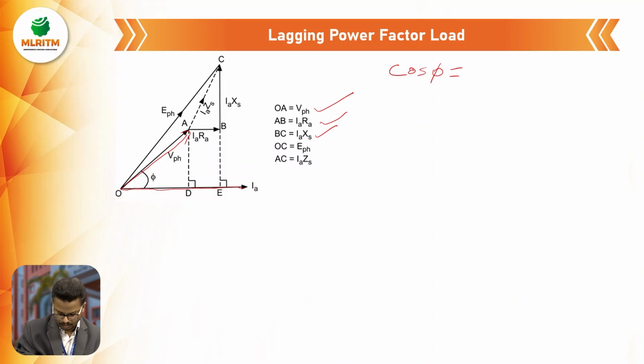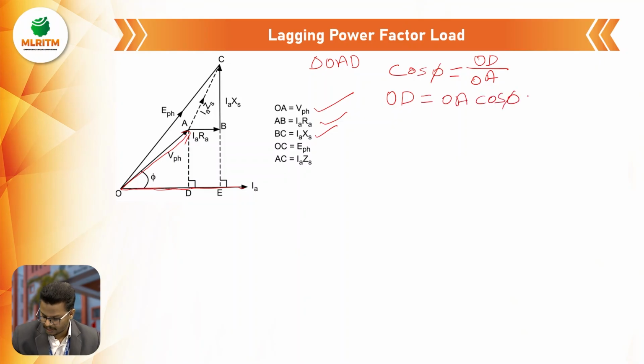The adjacent side is OD and the hypotenuse is OA. By cross multiplication we get OD is equal to OA cos phi. OA is nothing but V phase, as we already know.